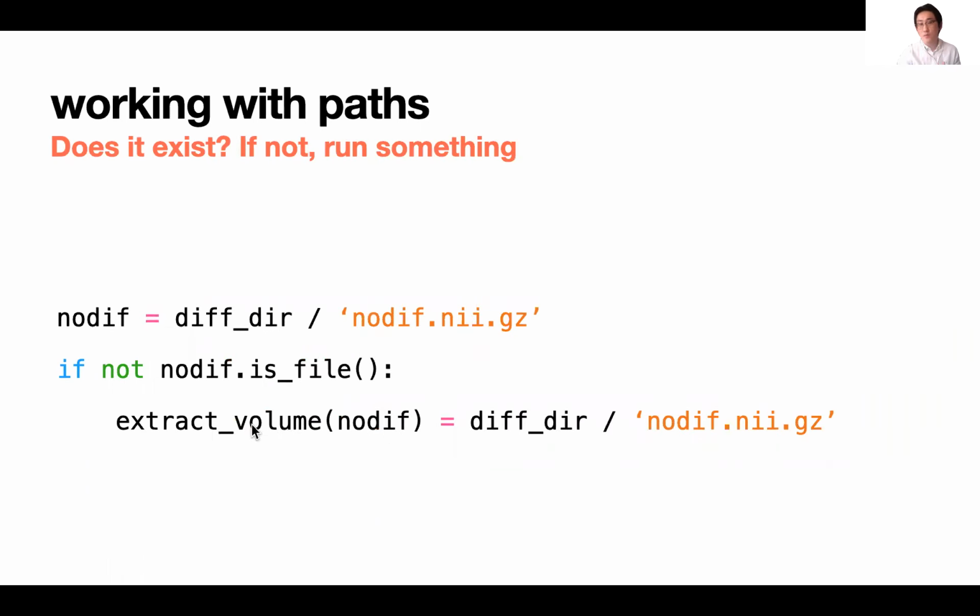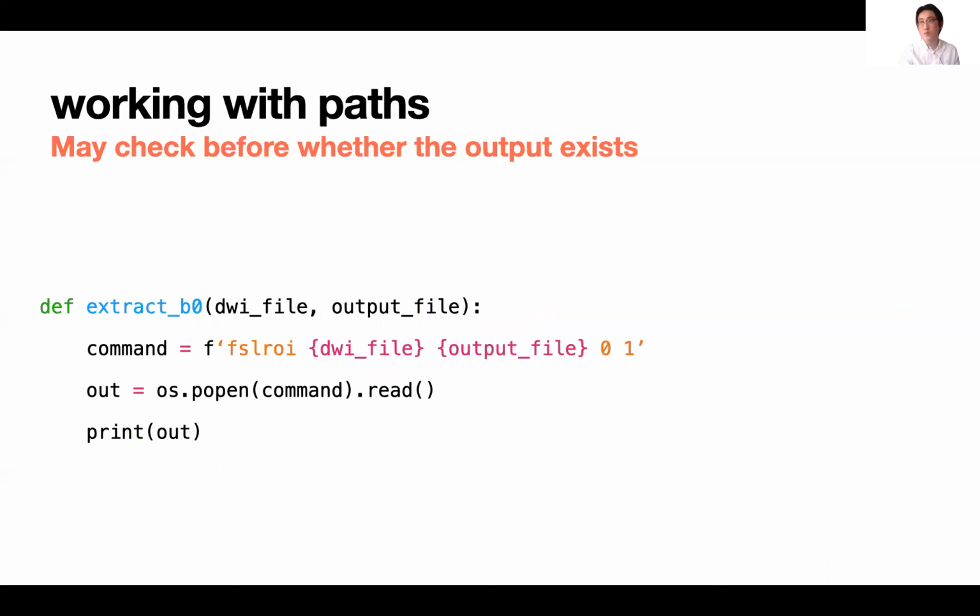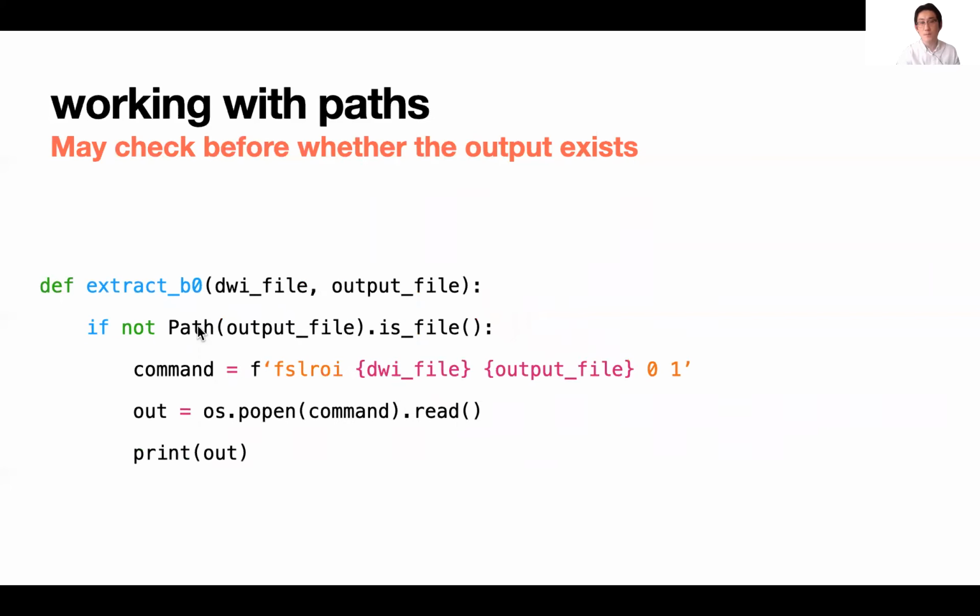Sometimes you want to extract a volume, you want to do something, but you don't want to overwrite, then you should make something like this. So if the output file does not exist as a file, run it. And if not, do nothing. You can make your function like that.